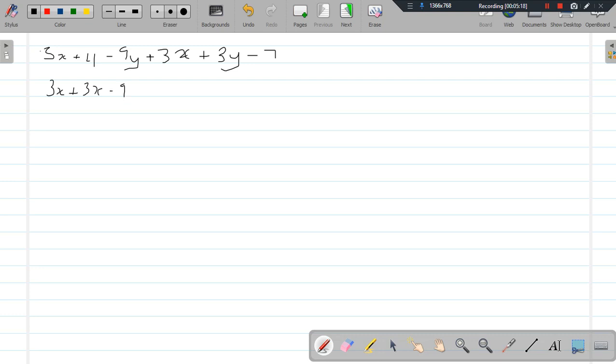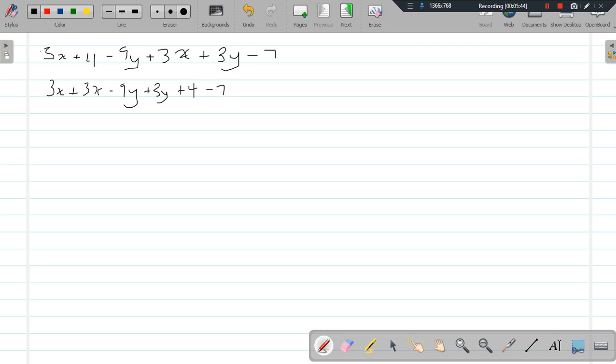I said that the sign does not change even if it is moving. Then I have positive 3y. The last terms I have are the constants. So I have a positive 4 and then a negative 7.